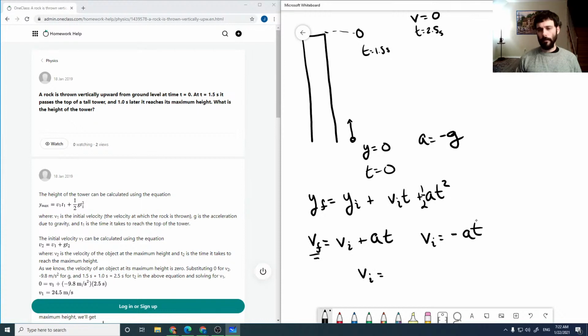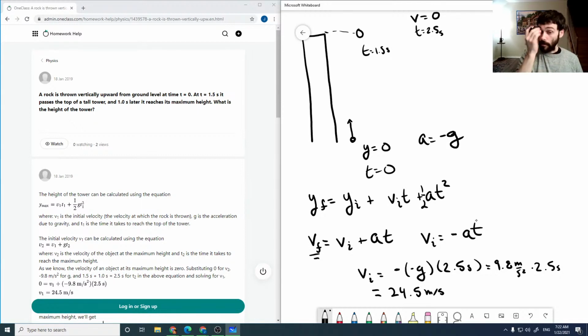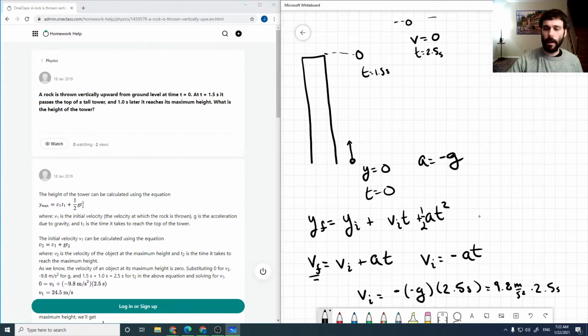So our v_i is minus g times 2.5 seconds, which is 9.8 meters per second squared times 2.5 seconds. So our initial velocity is 24.5 meters per second.